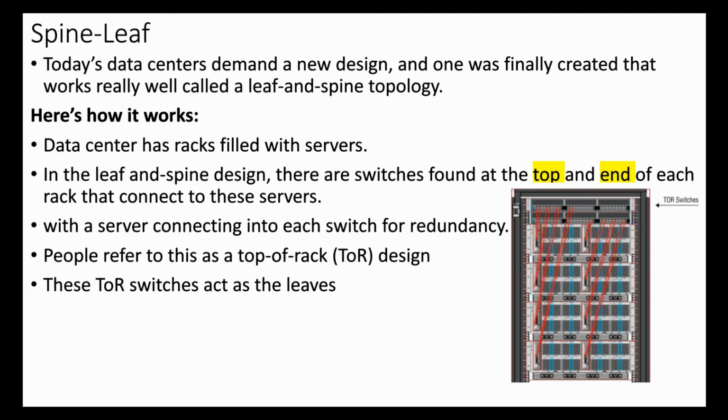Don't get confused with the name, because it is called spine and leaf technology or leaf and spine technology. How does it work? First, let's understand how it works. A data center has racks with several servers. You can see the image. These blue lines are called servers. In the leaf and spine design, there are switches found at the top and end of each rack that connect to these servers.